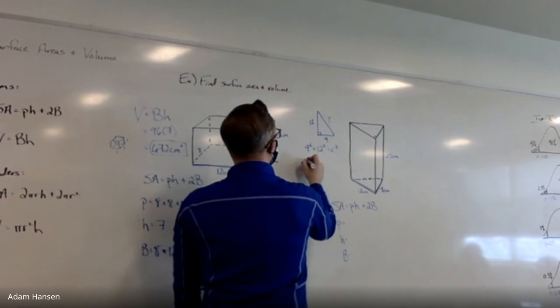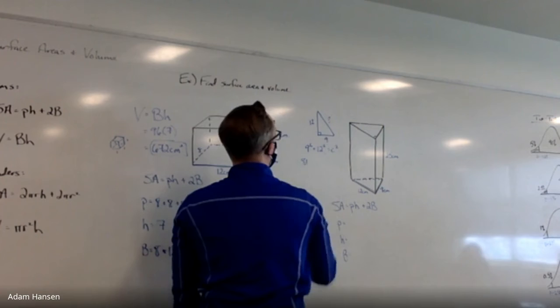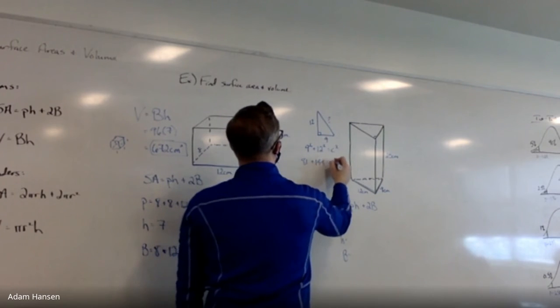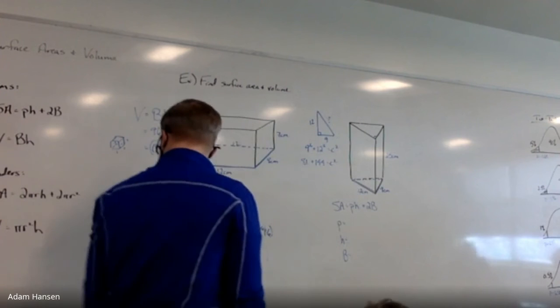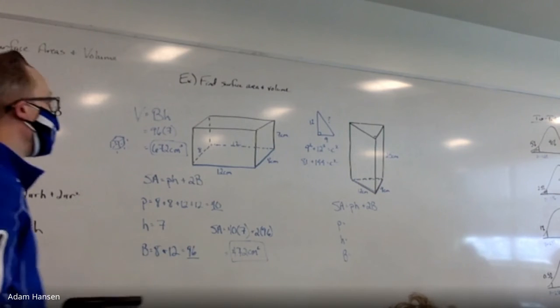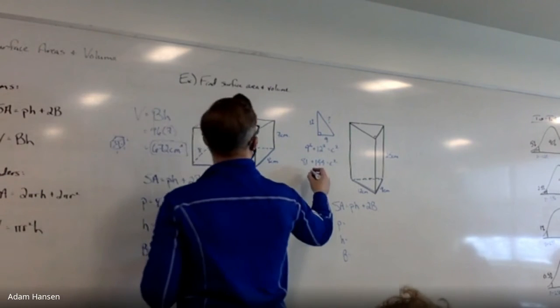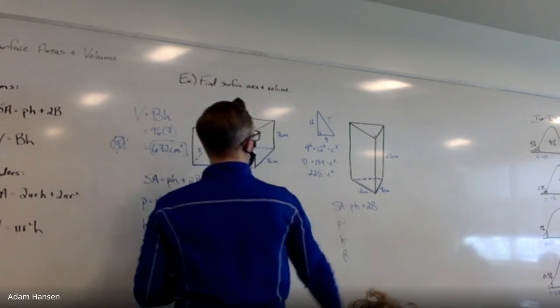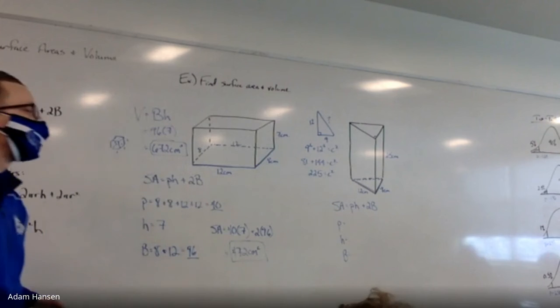9 times 9. 12 times 12. 144 plus 81, 225 equals the length of the hypotenuse squared.